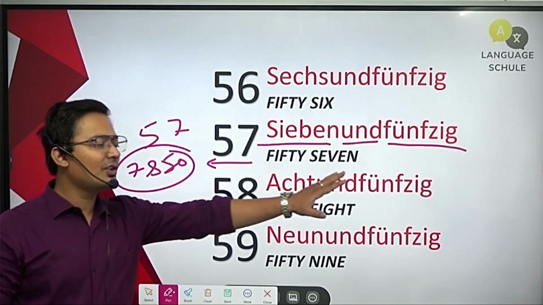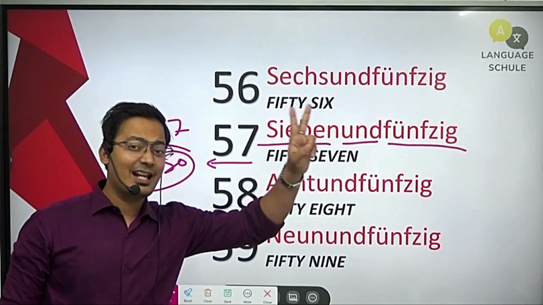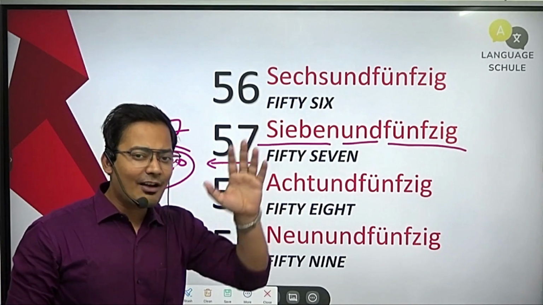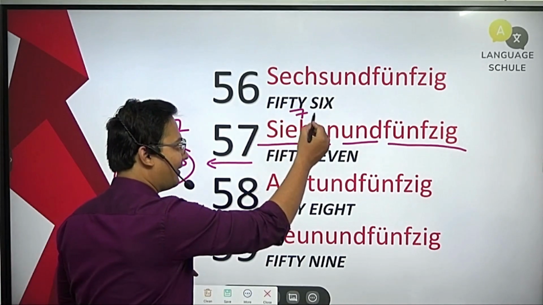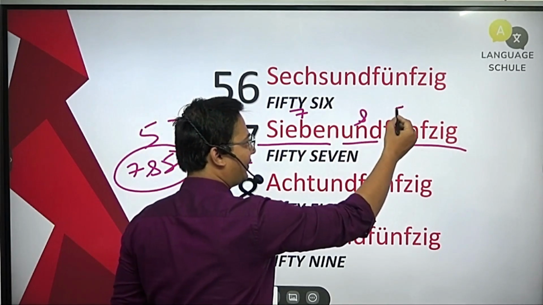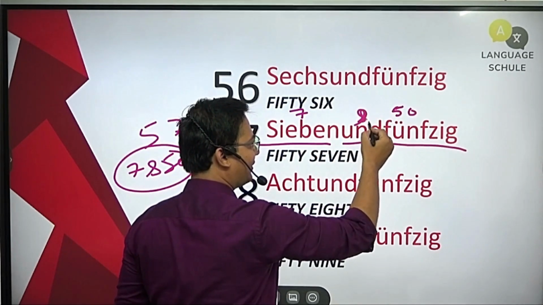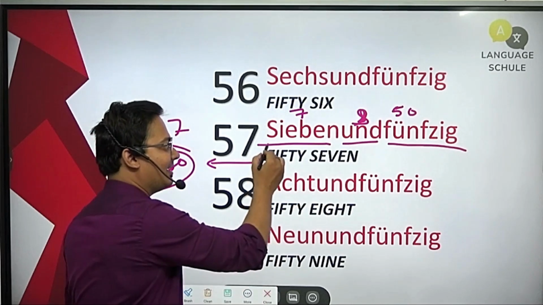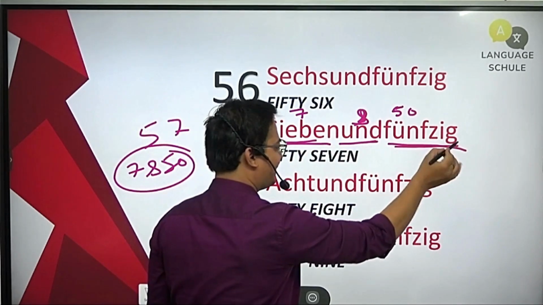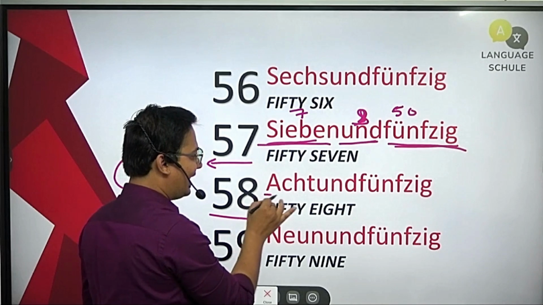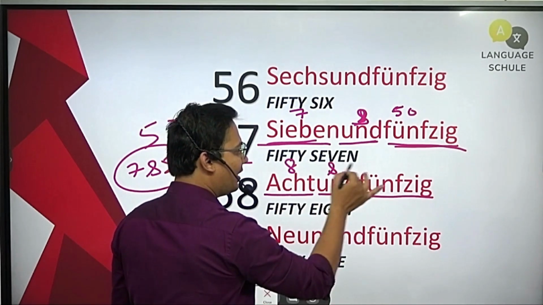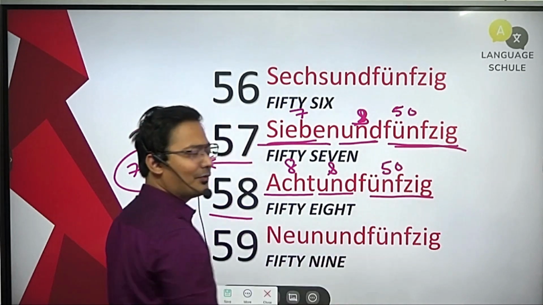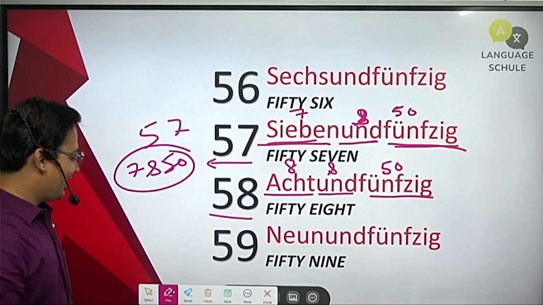Not 57. 16 and 17 have a different rule, but after that it is 7 only. So 7 and 50 is sieben und fünfzig. 58, 8 and 50. 8 und 50. Okay, now move to the next.